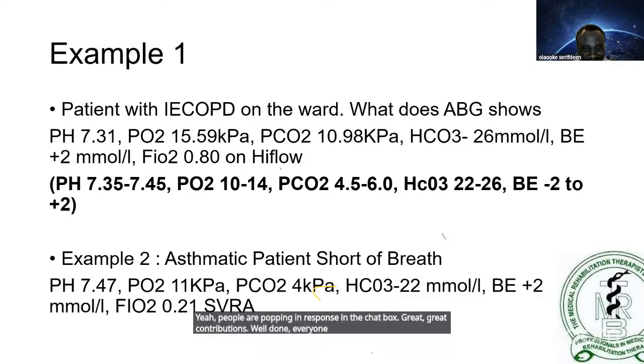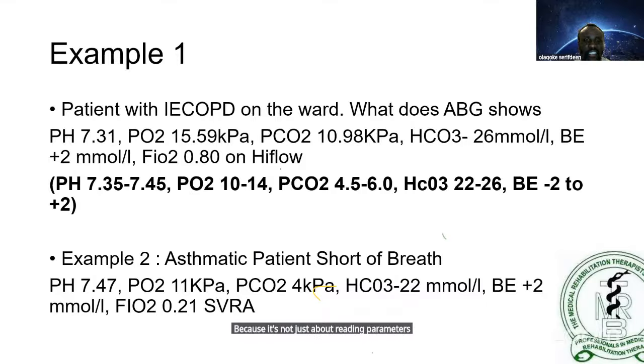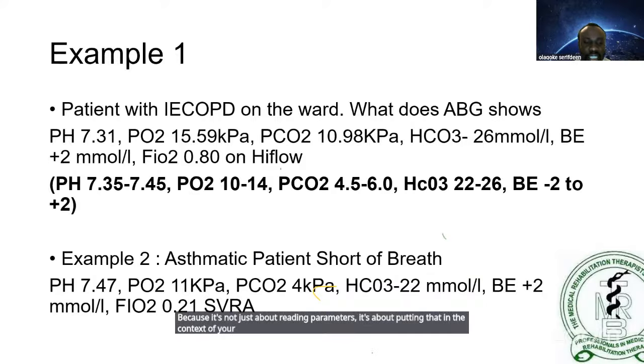Can I get one more person to speak on this patient? Thank you, Dr. Joshua. He related the patient with the ABGs, which is perfect. I love that, because it's not just about reading parameters, it's about putting that in the context of your patient. And for this patient, if they are getting worse or improving, how do we know?